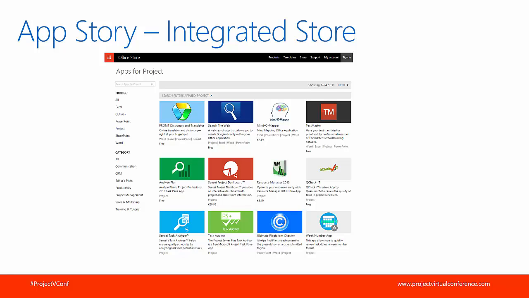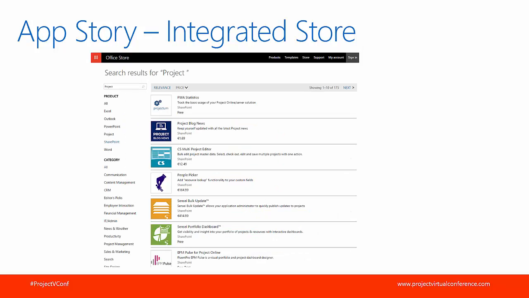So not all of these applications have specific project-related functionality. For example, our Sensei Project Dashboard actually goes out and gets information from the related PWA sites, so risks, issues, deliverables, that kind of information. But a lot of these other ones, such as the dictionaries, do not specifically have project-related functionality. So you need to be aware of that.